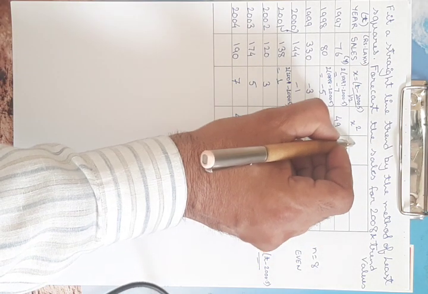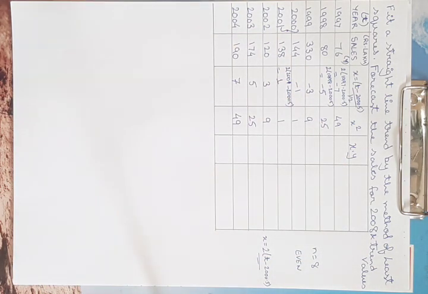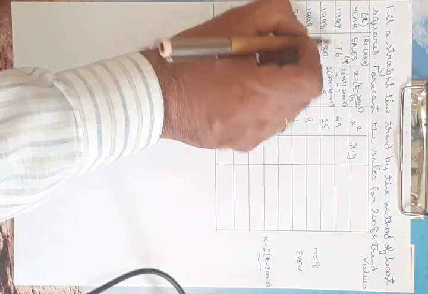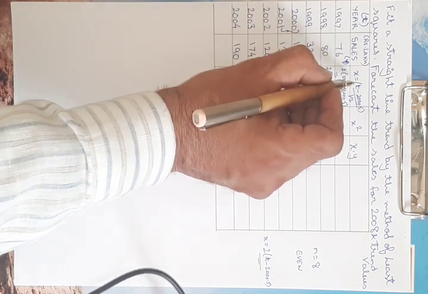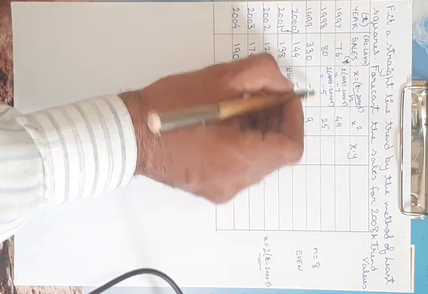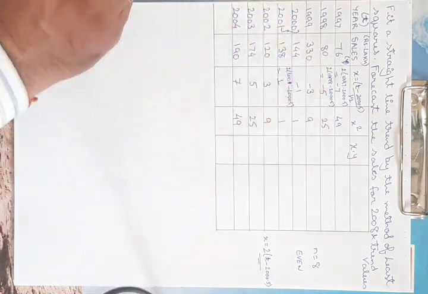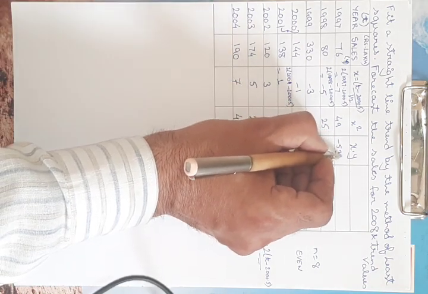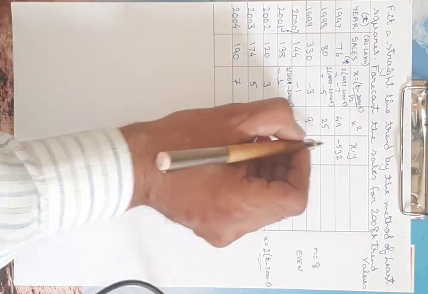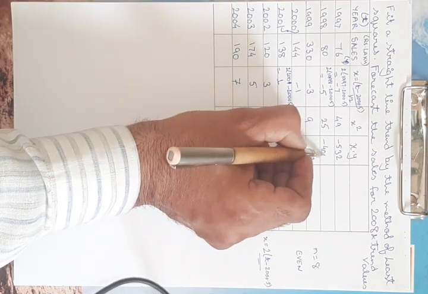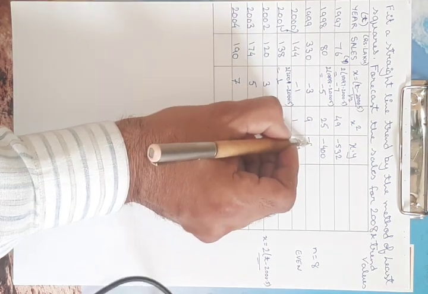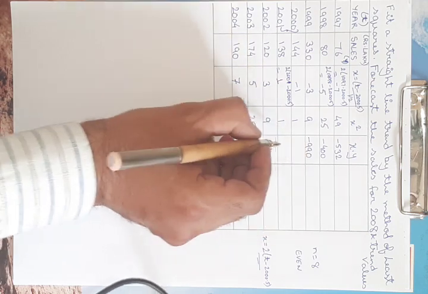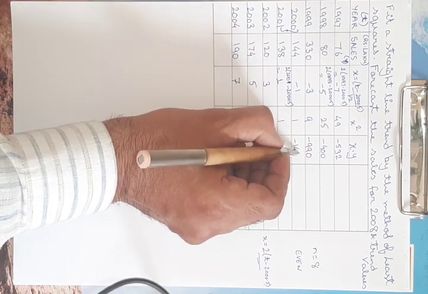Okay friends, in the next column we are going to calculate the values of x into y. We have the values of y here, 76, 80, and we know the values of x, minus 7, minus 5, so we multiply these values. The first value comes out to be minus 532. The next value is minus 400, next minus 990, next minus 144.